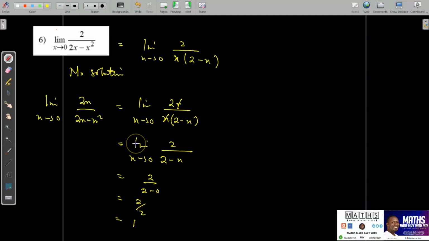So it's either two things. Either there was a typographical error, and if the question was maintained as this, then there will be no solution. But if the question was truly supposed to be like this, then the answer would have been 1. And if the question was as x approaches infinity, we had a different way of going about it.